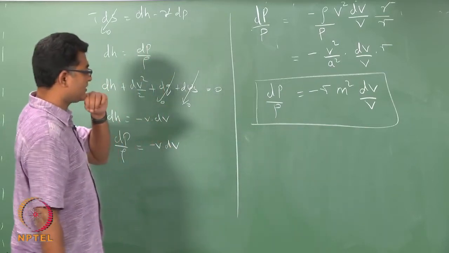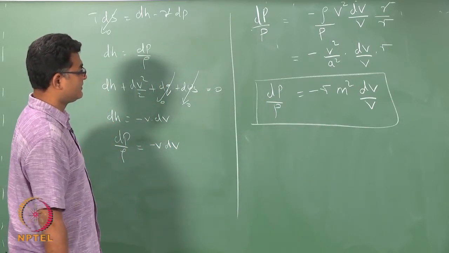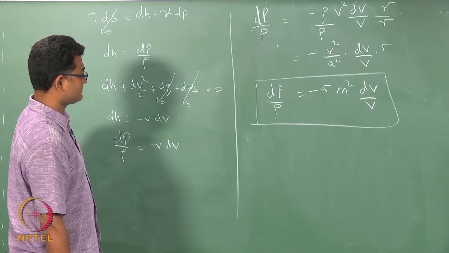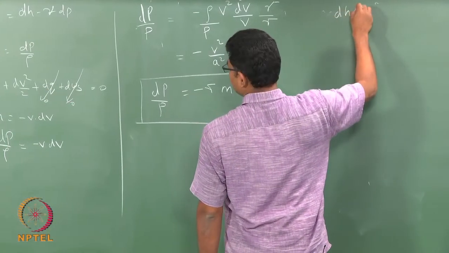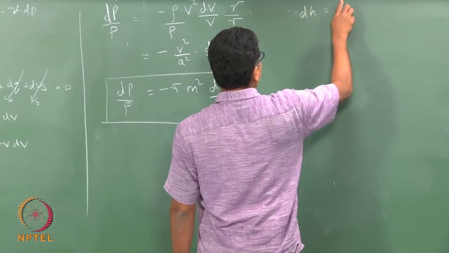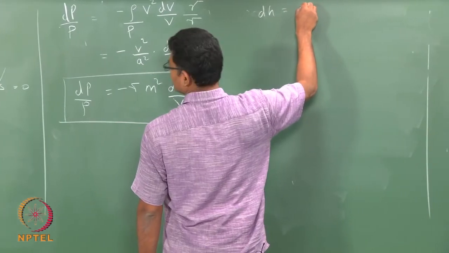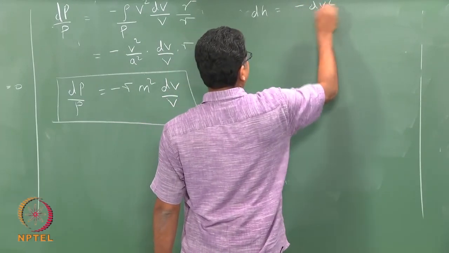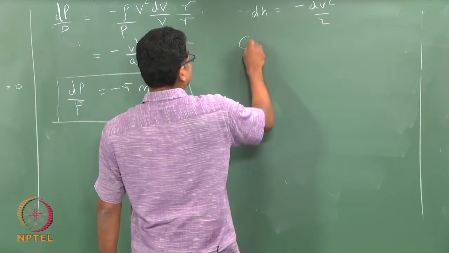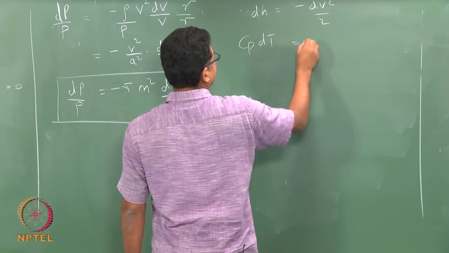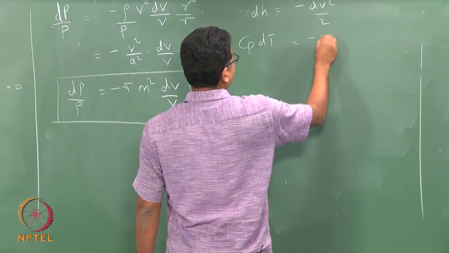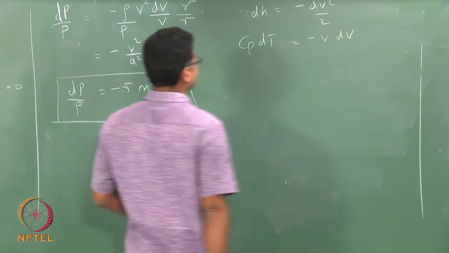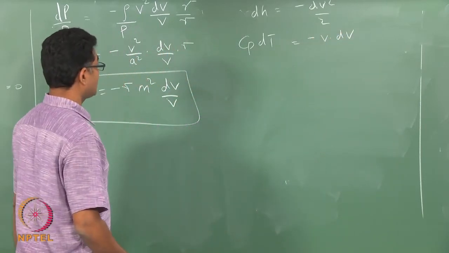Now let us look at the temperature change. So your dH equals minus dV square by 2. So this is Cp dT equals minus V dV.